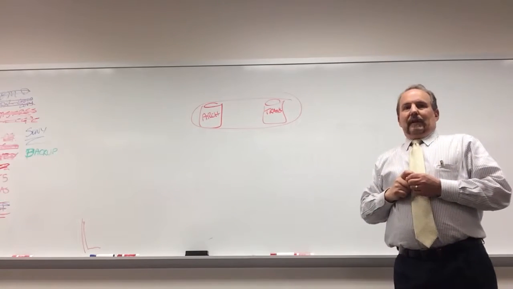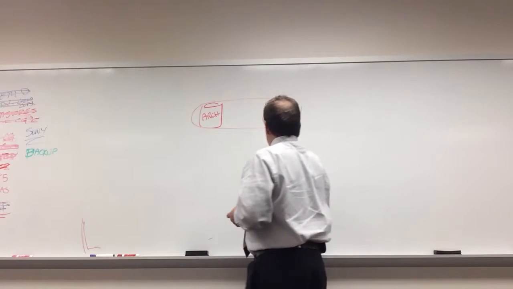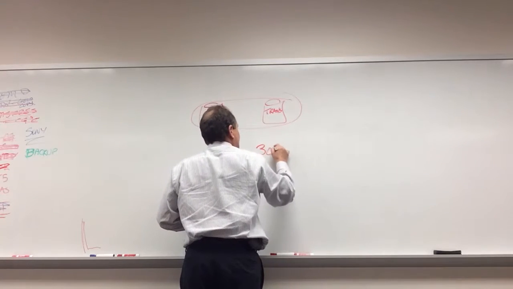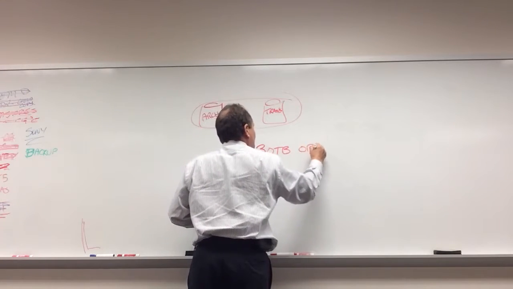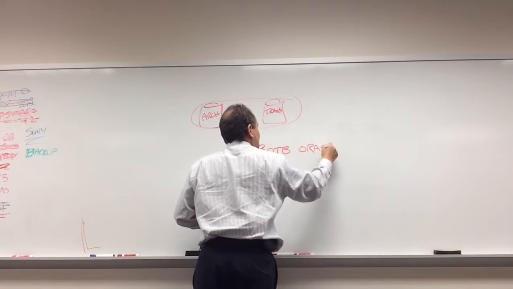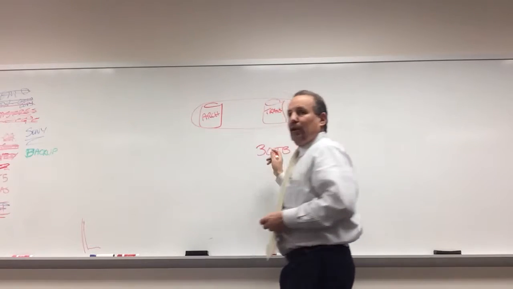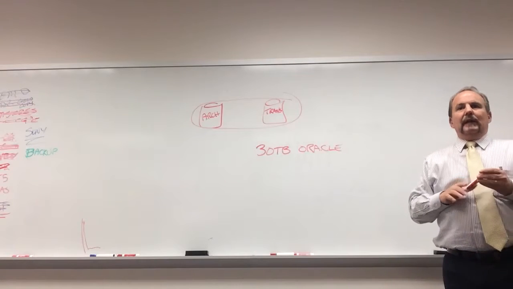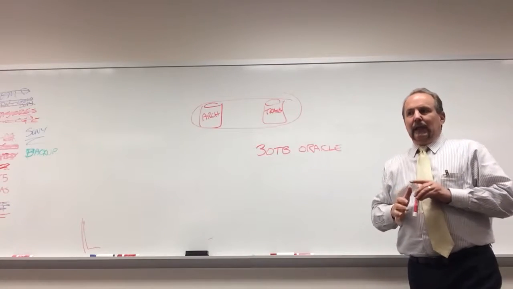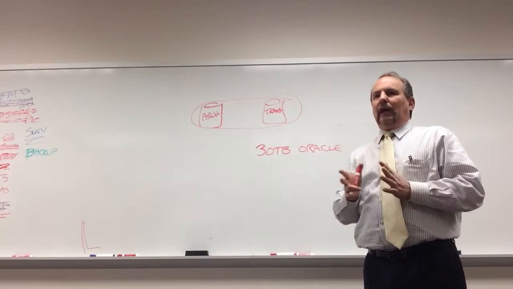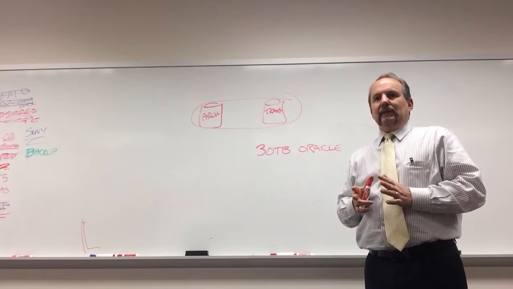So that really got me thinking. When you've got something like the GTR in Netherlands, 30 terabyte Oracle, it's never been groomed, all right? They've never done any kind of archiving in this database.